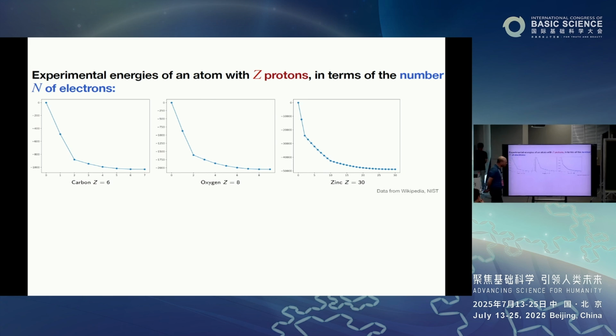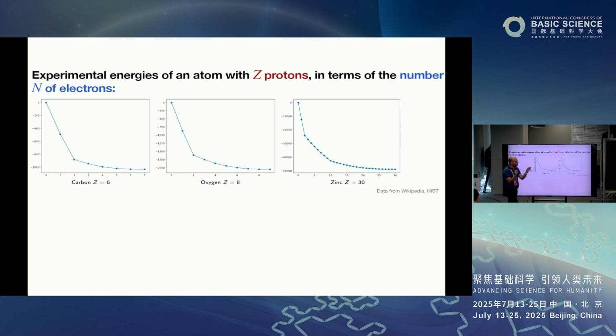So there are some observations when you see this plot. First of all, they are monotone: the energy is monotone decreasing. And look, when you start dropping off your electrons here, you have some small variation in the energy.